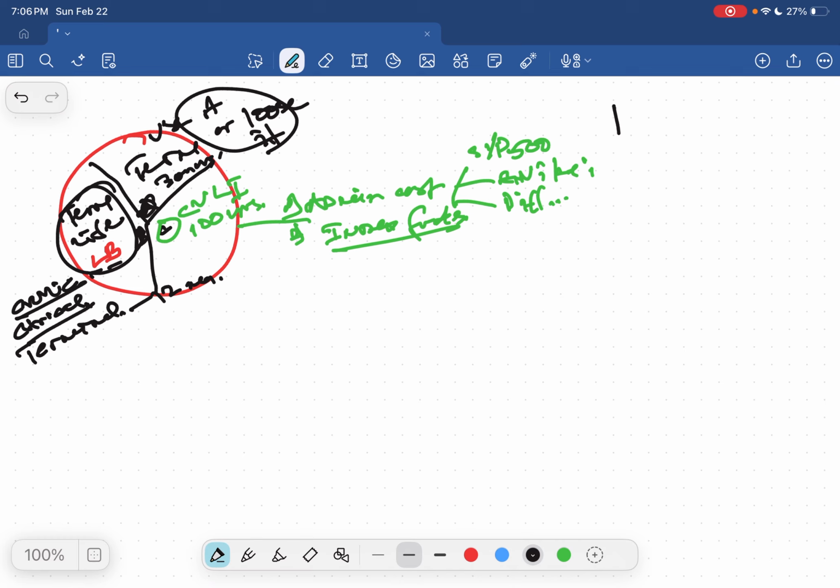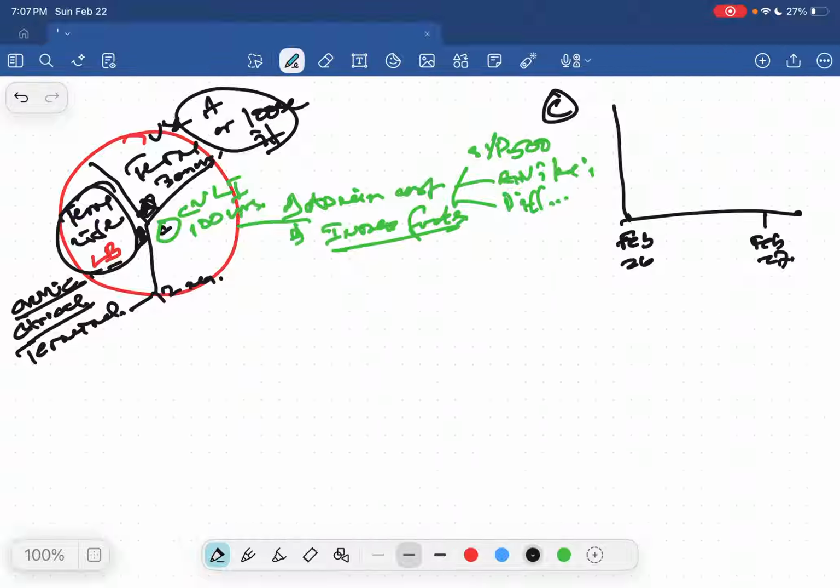So this particular product has some very interesting features. With the cash value life insurance, as time goes on, let's say we go from February 26 to February 27. The market is going up and down throughout the year, and we end February 27th on a down market. What happens?